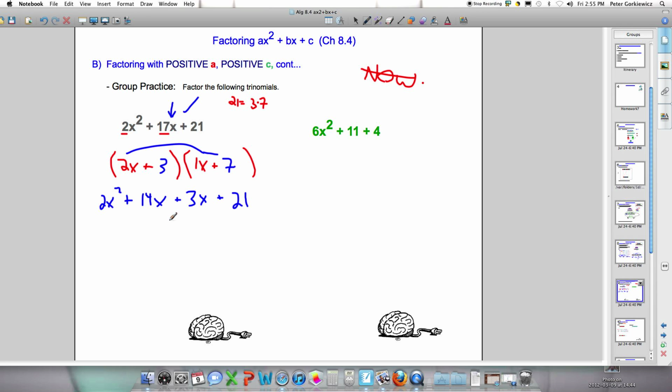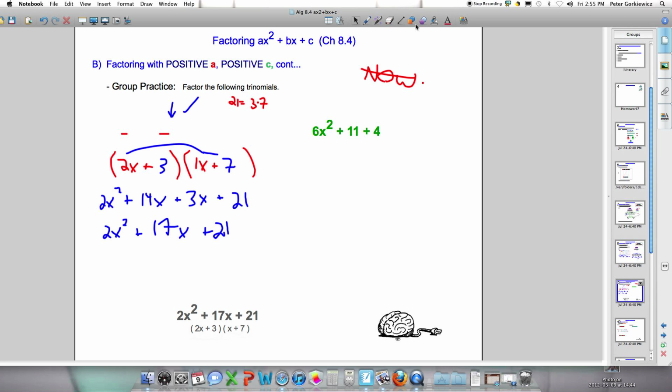And when we add up these two, you get 17x plus 21. And we've got our 2x squared out in front. Awesome. So that's exactly what we're looking for. So this is our factored form of this.